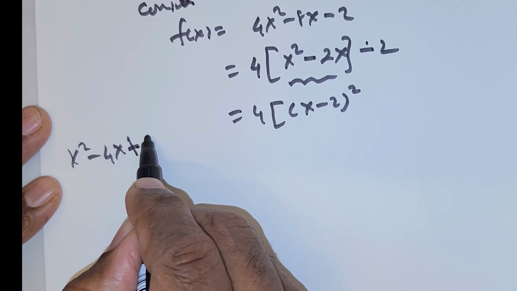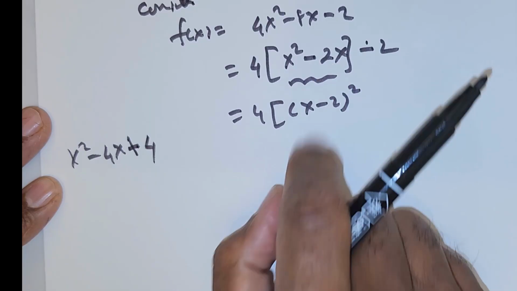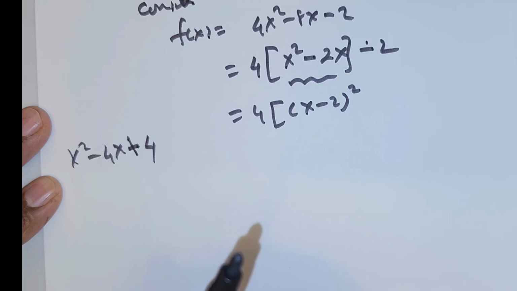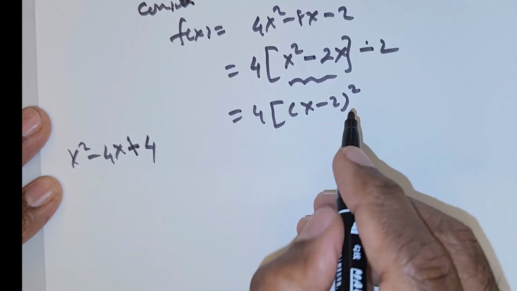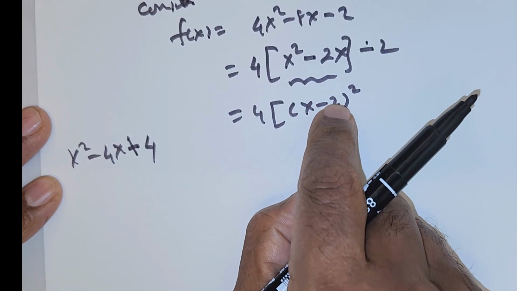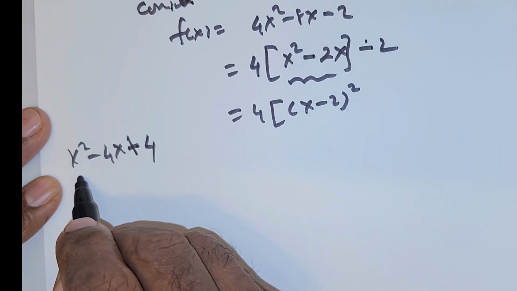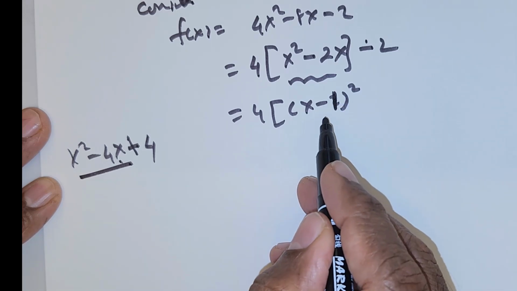but I just have a -2x there, and I'm getting -4x here. So we will have to suitably choose the squaring component here. So x - 2 does not work because we are getting -4x. So what if I place 1 there?